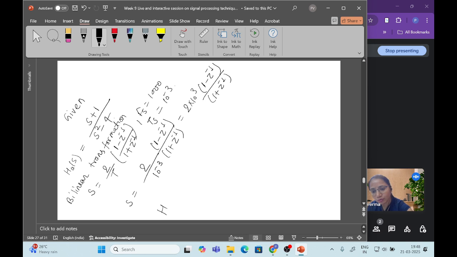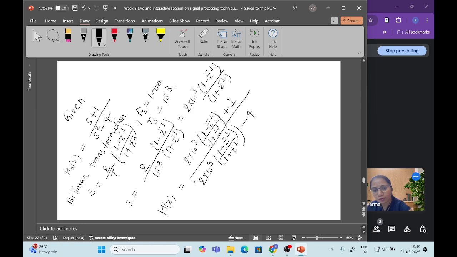Now put this in this place: 2 into 10 to the power 3, 1 minus z inverse divided by 1 plus z inverse, plus 1. Similarly in the denominator, 2 into 10 to the power 3, 1 minus z inverse divided by 1 plus z inverse, minus 4, it is a whole square.